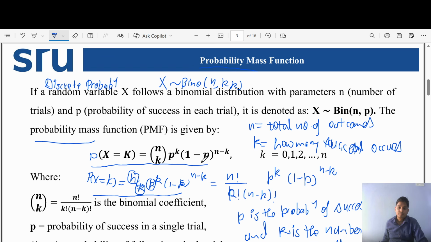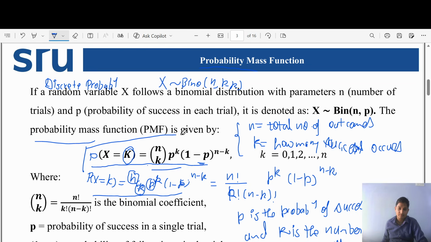Also, p is the probability of success. All these three things are provided in the question. You just put all these values in this probability function and evaluate. I think you are clear on this.